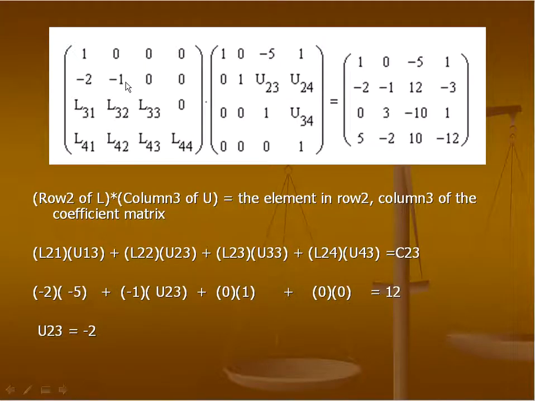There it is. Now we're going to take row 2 times column 3 and set it equal to the item in the coefficient matrix that's in row 2, column 3, and that's 12. Okay? Check it out.